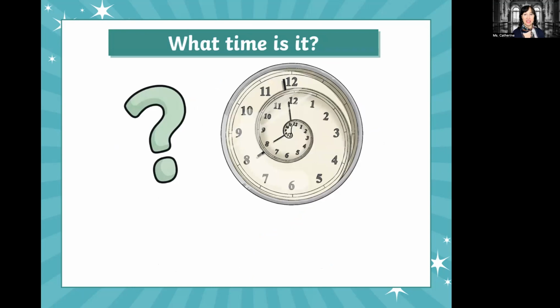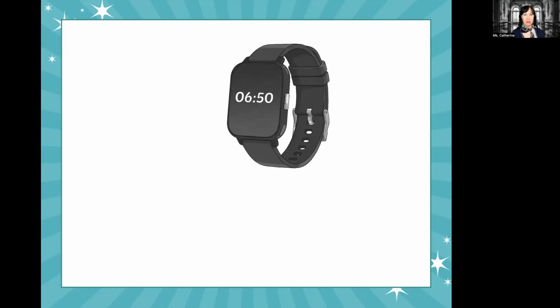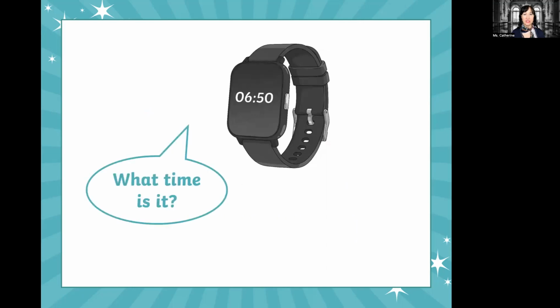What time is it? Okay, it's plus the hour plus AM or PM. It's plus the hour plus the minutes plus AM or PM. Okay, we're going to do this either digitally or analog. Now, what time is it?